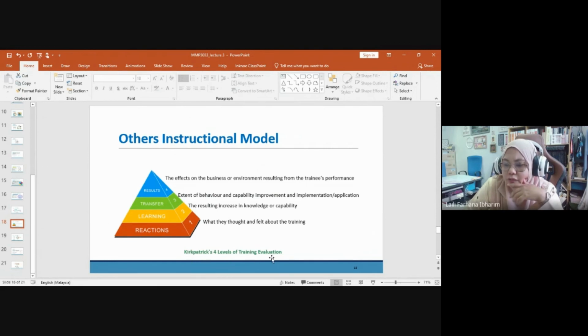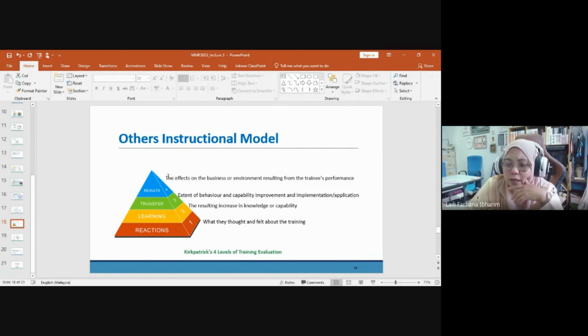And then you also have Kirkpatrick's four levels of training evaluation. We start from the bottom, where we see the reaction of our participants, our learners, what they thought and felt about the training. Then the learning, the resulting increase in knowledge and capability. Then the transfer of knowledge, the extent of behavior and capability improvement, implementation of application.